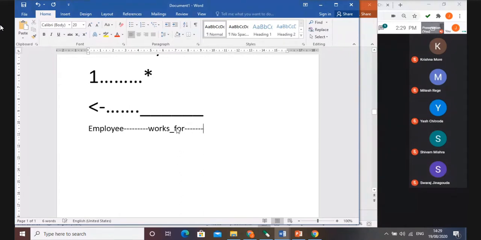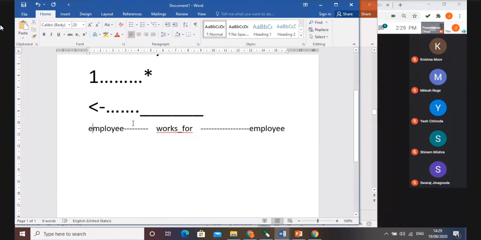Employee works for the banking system, but works for is a relationship connected again to the same entity. In your diagram you can see it was written like that.